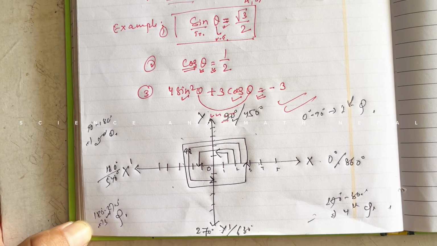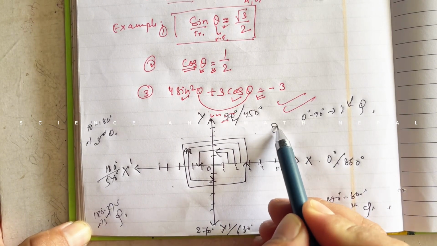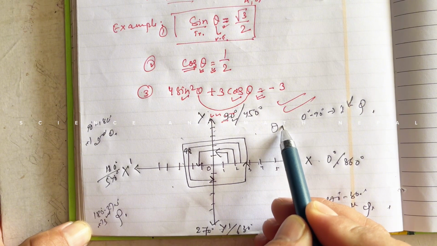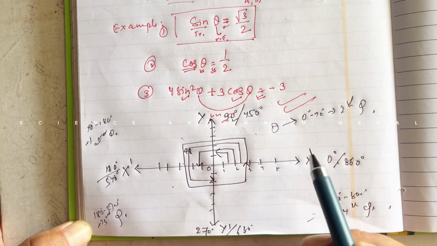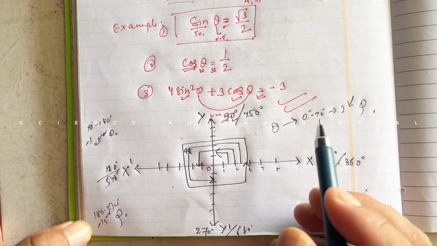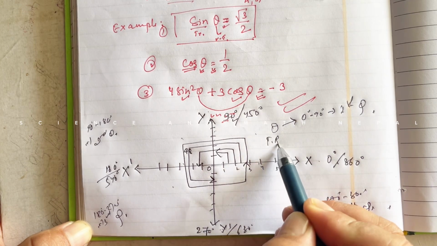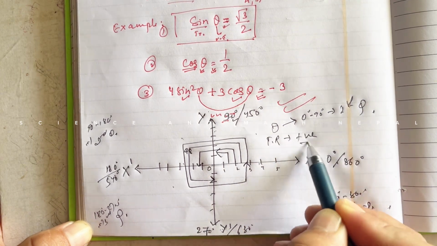Now what we need to understand here is, if the unknown angle comes in the first quadrant, that means 0 to 90, all the trigonometric ratios are positive.